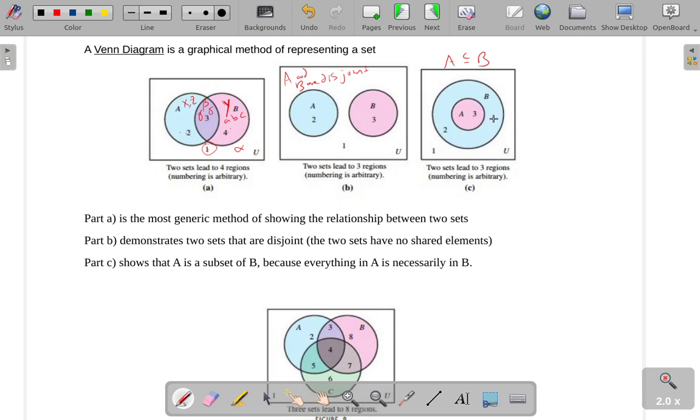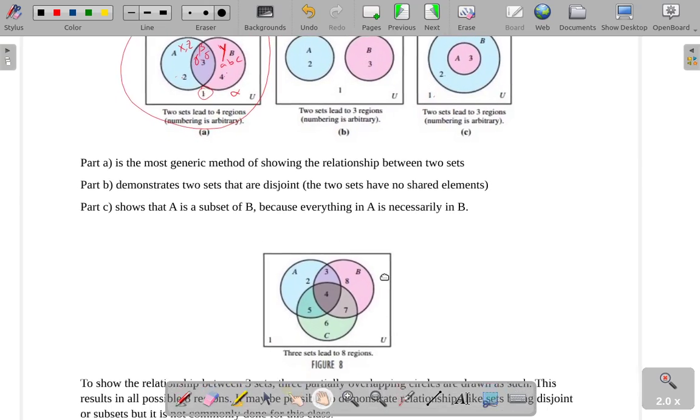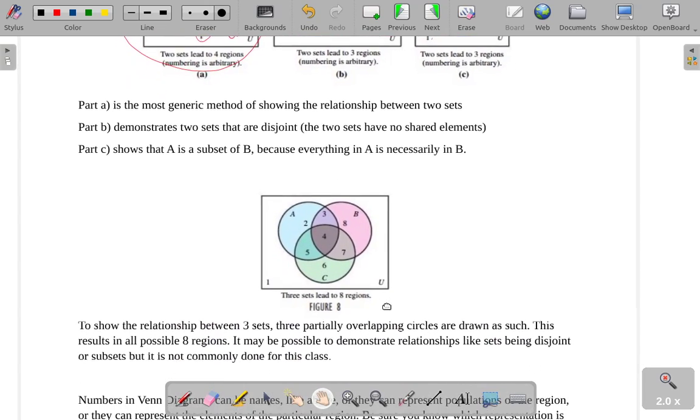If there is an element within region 2, then you can get a little bit stronger and say A is a proper subset of B. But given just what I have here, the 1, 2, and 3 are just region numbers, so this is about as strong as that implication can get. And in general, when we're talking about Venn diagrams with 2 sets, you'll want to use this first version. It's the most generic. It doesn't imply anything, so you can use it in all circumstances.